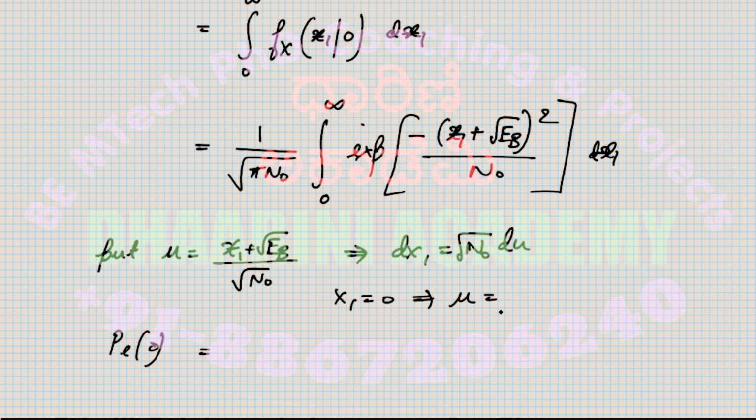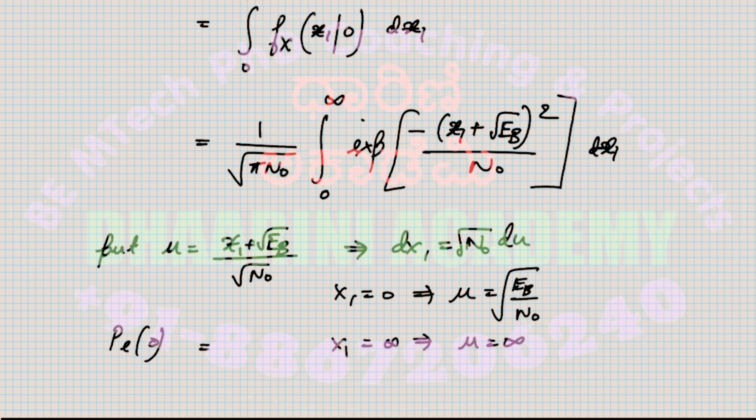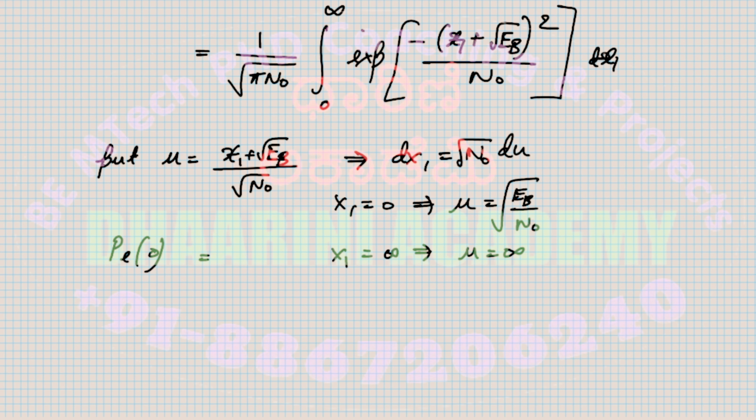The lowest limit will be root of Eb by n naught. At the same time, when x1 becomes infinity, it is infinity plus root Eb by n naught, so u also becomes infinity. That's the change in the limit.